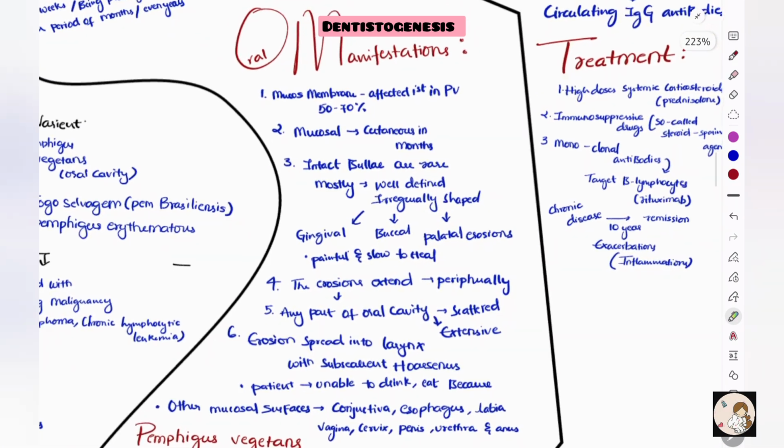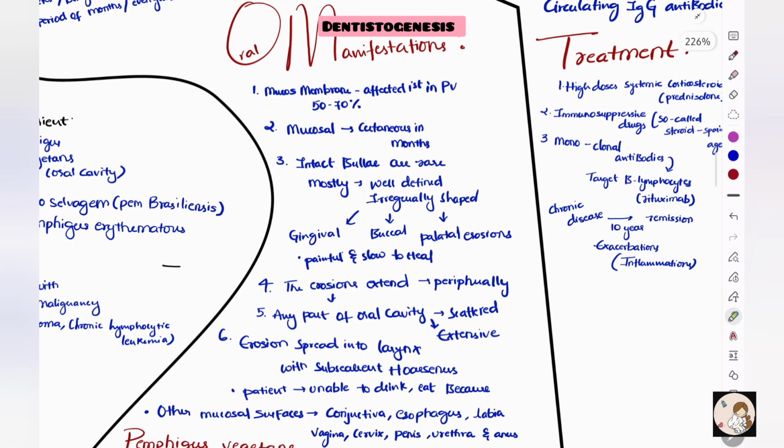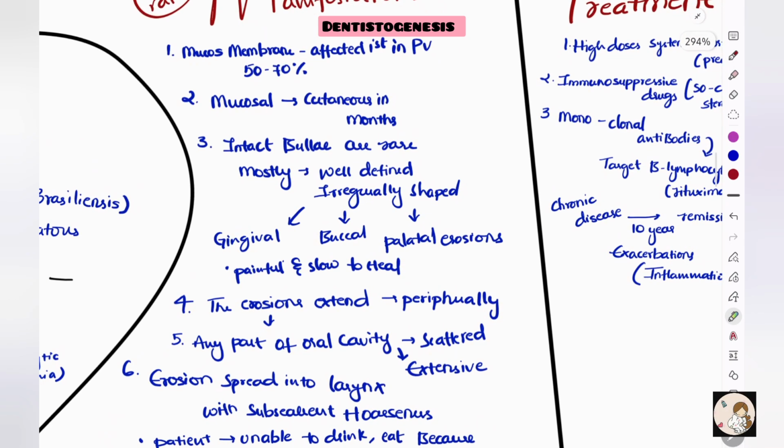Now, when I come to oral manifestations of Pemphigus vulgaris, as we saw earlier, the mucous membrane is commonly affected in 50 to 70%, and it spreads from mucosal to cutaneous within months.